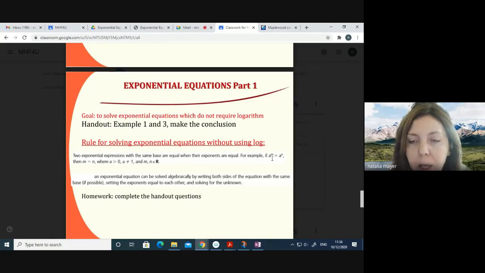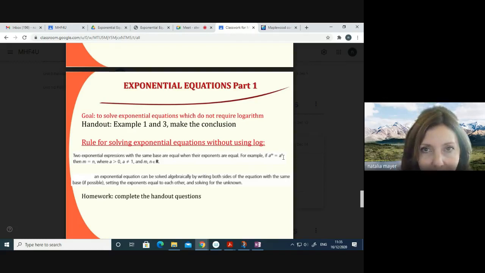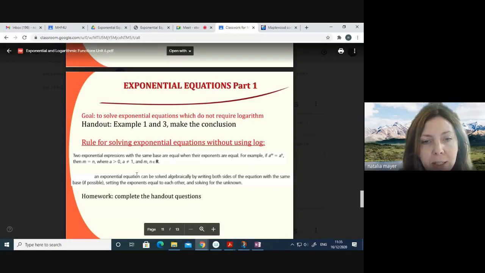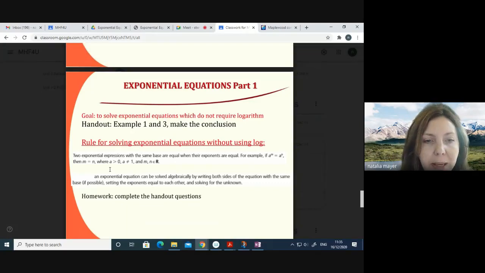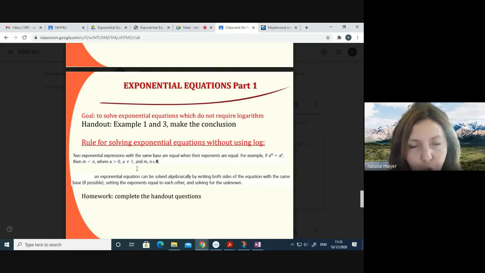For example, if a to the power of m is equal to a to the power of n, it means that m is equal to n. Otherwise, they will never be equal, okay? Of course, we remember that in exponential functions, the base has to be positive. The base also cannot be 1 because 1 raised to any power, nothing will change, okay?